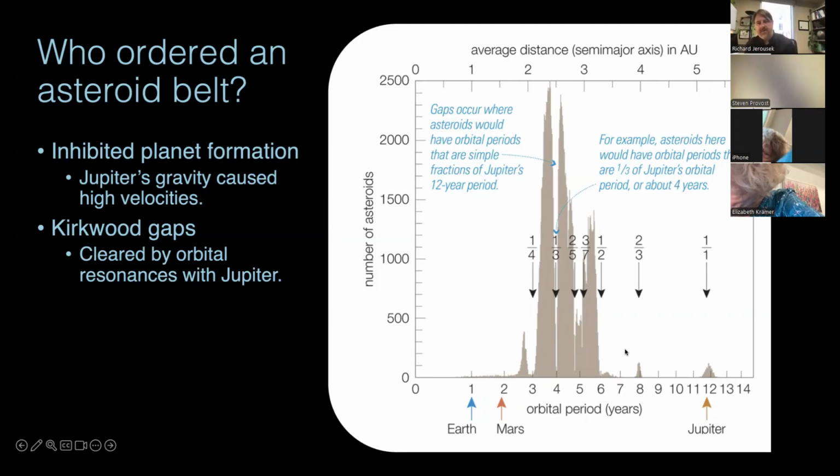Or if you have a large population of asteroids, then their orbits become more and more stretched out, more eccentric over time, and they can collide with other objects, and you end up with a paucity of asteroids at certain locations, like here, for example, where the asteroids would go around 3 times for every 1 time Jupiter goes around.